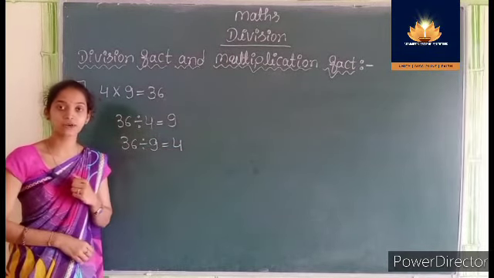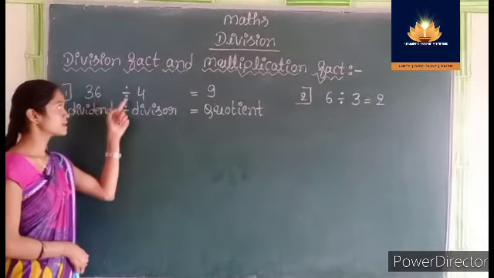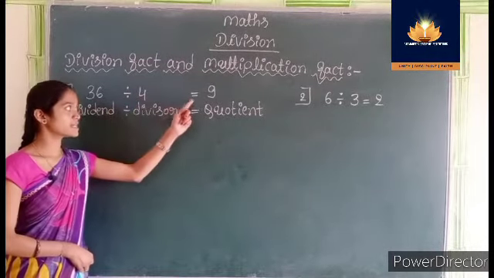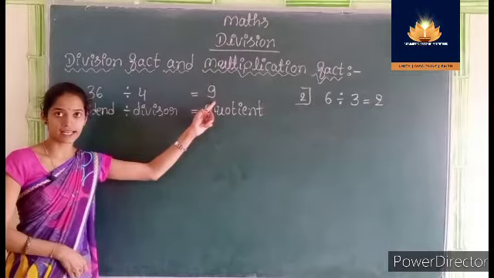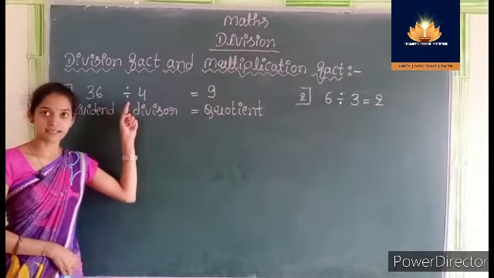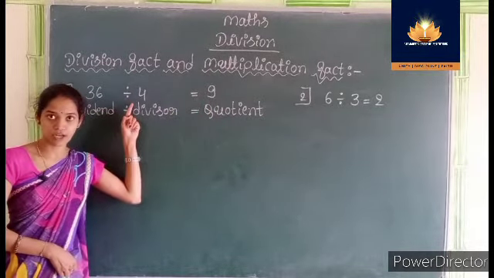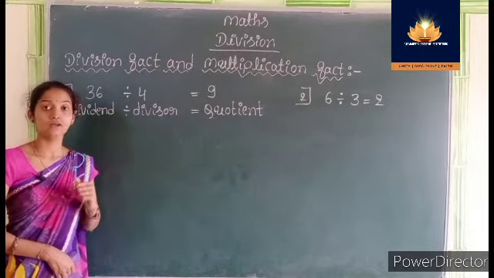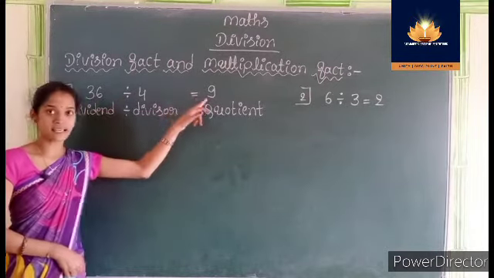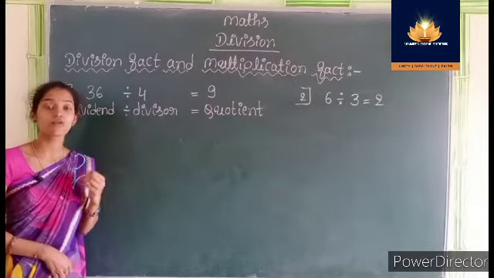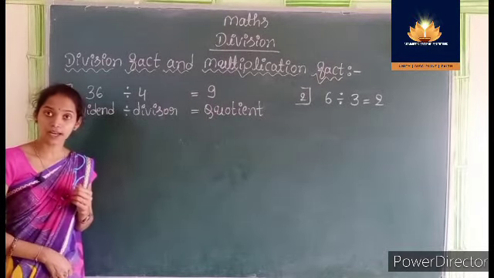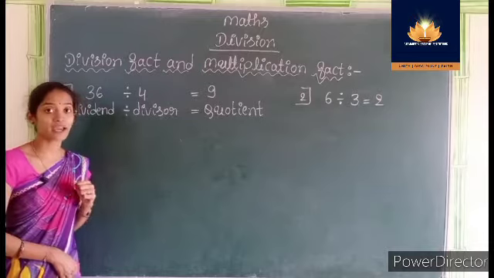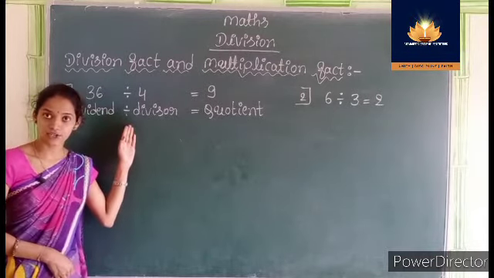Have you understood, students? 36 divided by 4 is equal to 9. Here this is the symbol of division, right? We read it as divided by. So this sentence is a division fact. We can generate multiplication fact from this division fact.